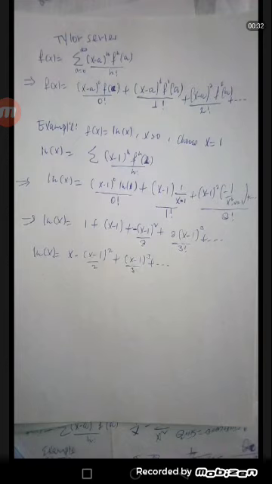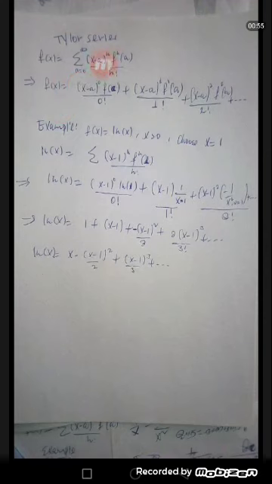This is based on the Taylor series. The Taylor series basically says that f of x is equal to the summation of (x minus a) to the power of n times the nth derivative of f at a over n factorial, where n is any number from 0 up to infinity.